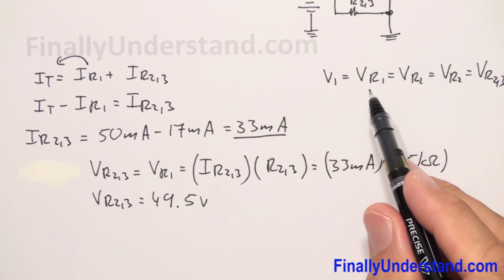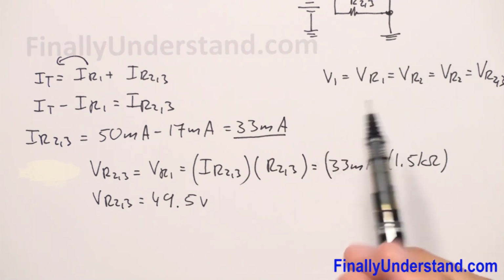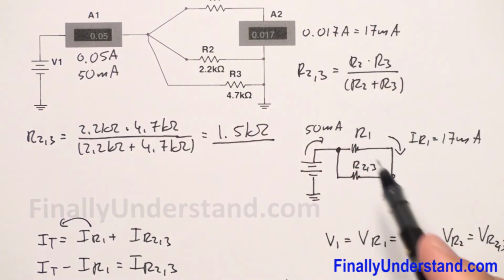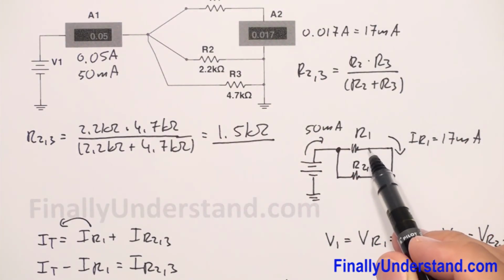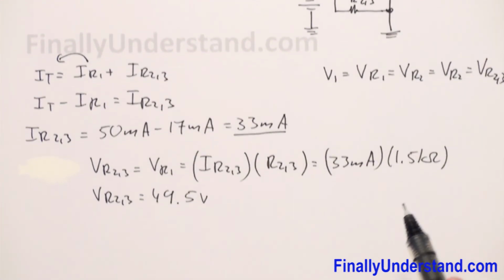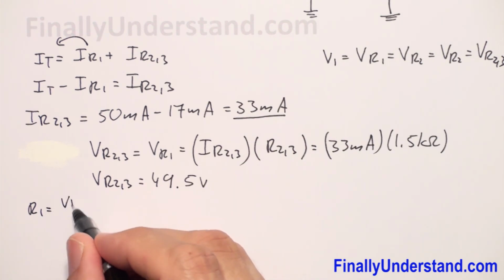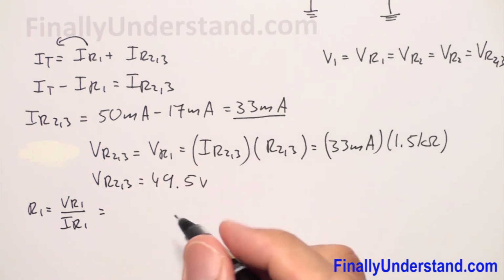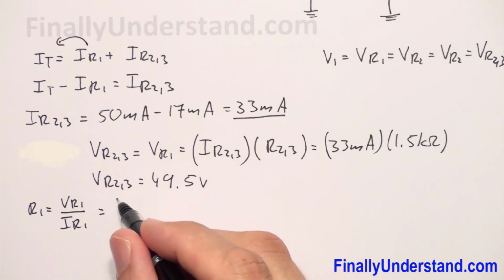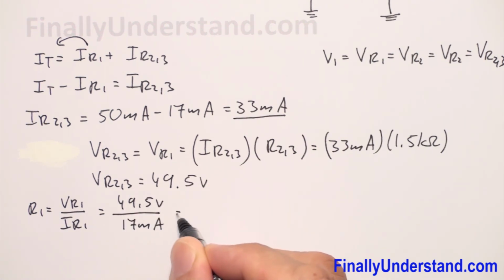This is the voltage across each resistor simply. Okay, so we found the voltage across resistor R1. If I have the current, I can find the resistance of this resistor. So R1 is equal to VR1 over IR1. VR1 is equal to 49.5 volts divided by IR1, which is equal to 17 milliamps.